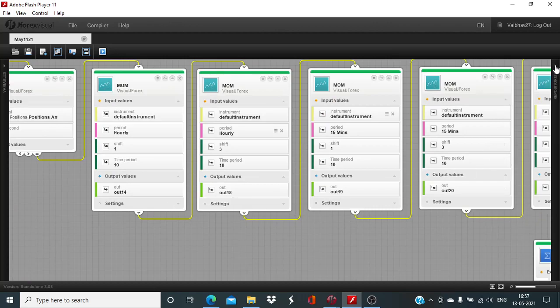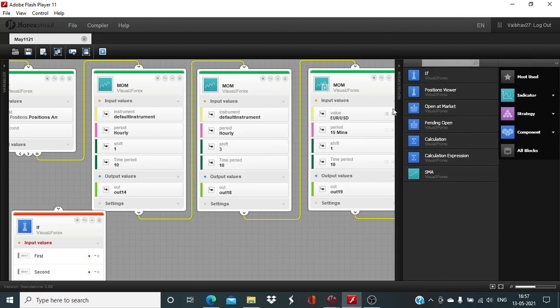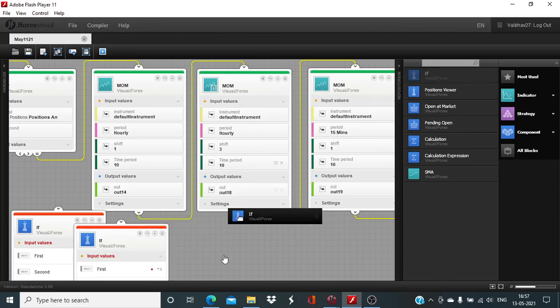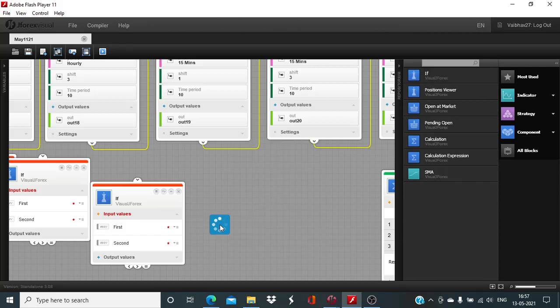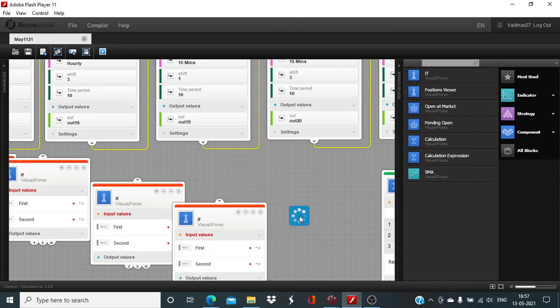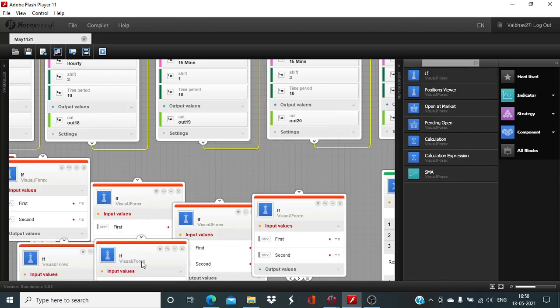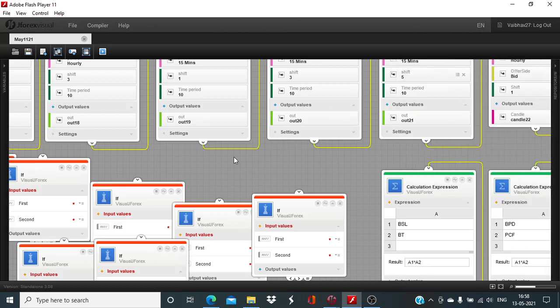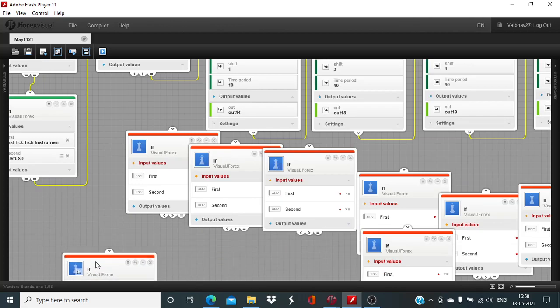So for that, we will now have to start defining the conditions which are necessary for execution of the trade. We want the sell side to be symmetric with the buy side.